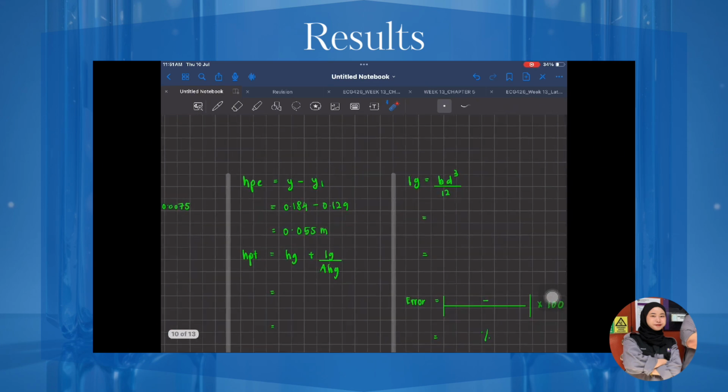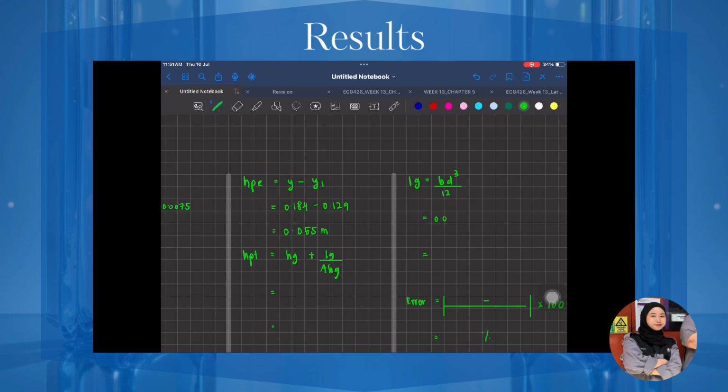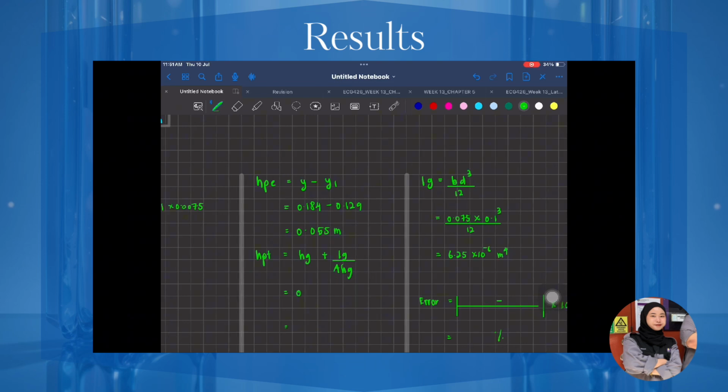We have to calculate Ig first using the formula of B multiplied by D to the power of 3 over 12. Then we insert the answer of Ig into the theoretical depth formula. And we got the answer for theoretical depth is 0.061 meter.